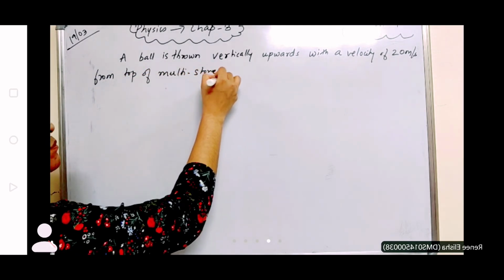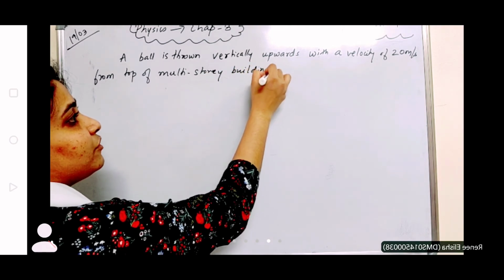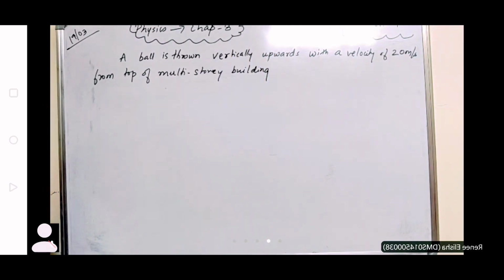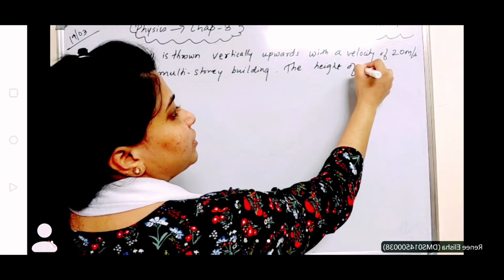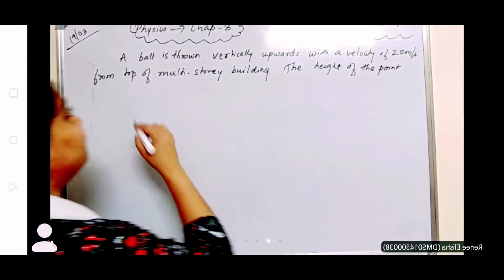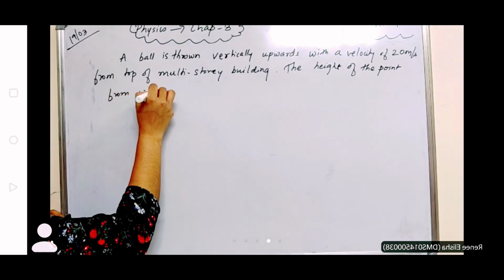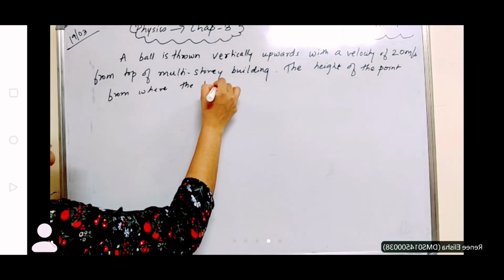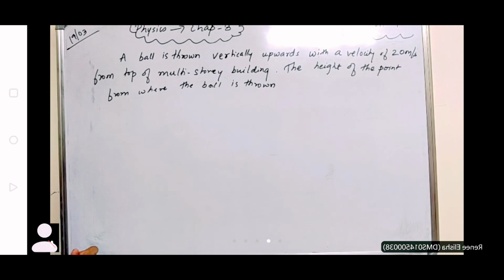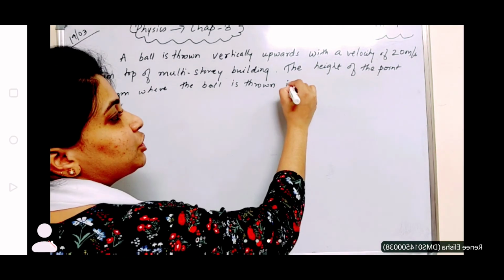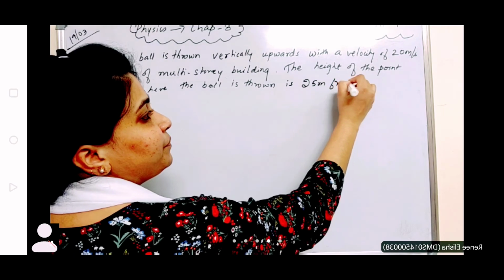The height of the point from where the ball is thrown is 25 meters from the ground.